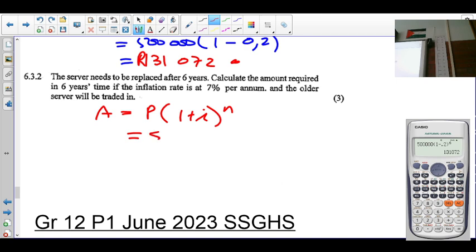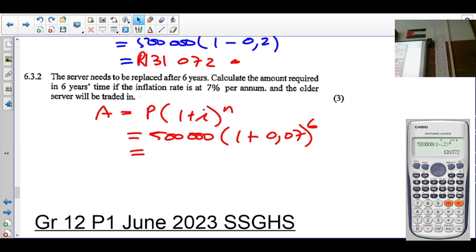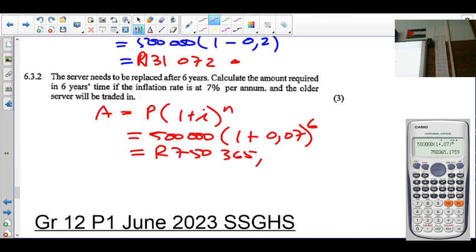So if the server currently costs 500,000 Rand, in 6 years' time it will cost 500,000 into (1 plus 0,07) to the exponent 6. It will cost 750,365.18.